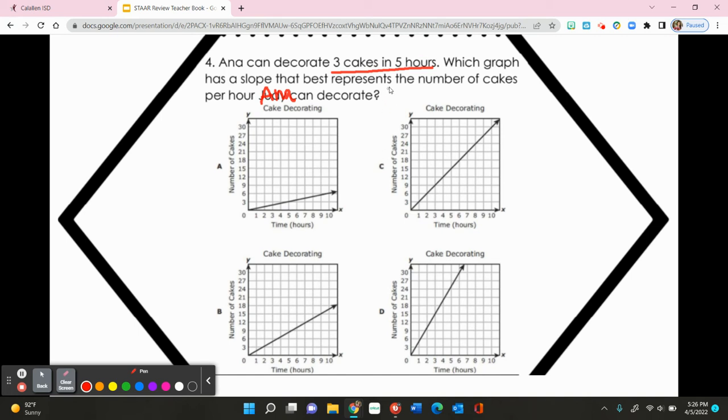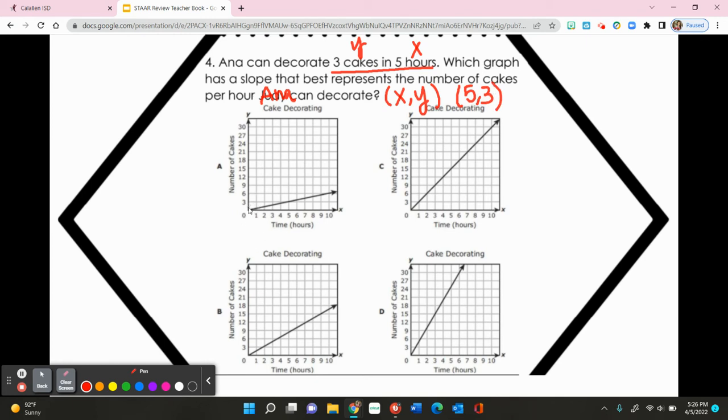Every single ordered pair is written with an X and then a Y. So I have to determine which one's my X and which one's my Y, the 3 cakes or the 5 hours. And I can determine this by looking at the labels on my graph. Hours is my X variable, so 5 will be my X, and cakes is my Y variable, so 3 will be my Y. So now I'm going to look for the ordered pair 5, 3.